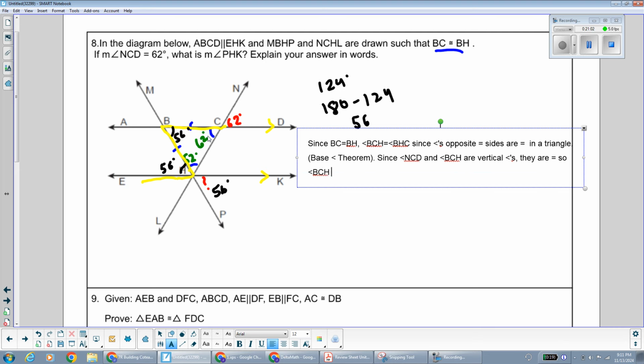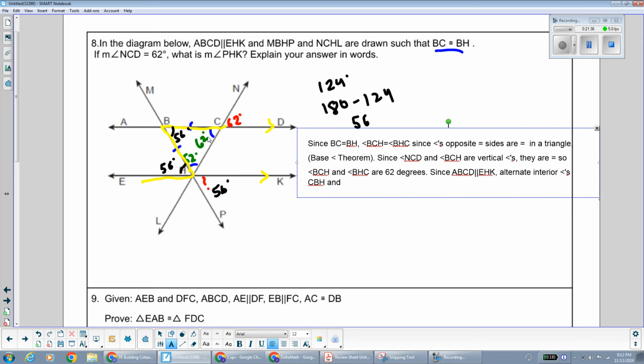So angle BCH and angle BHC are 62 degrees. Since ABCD is parallel to EHK, alternate interior angles CBH and BHE are congruent.